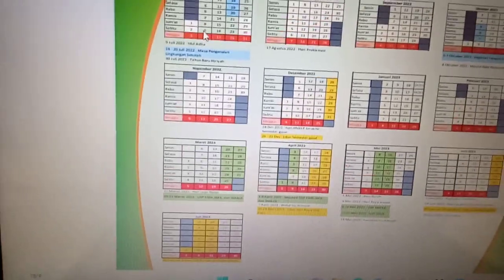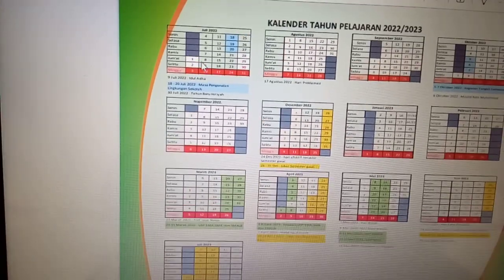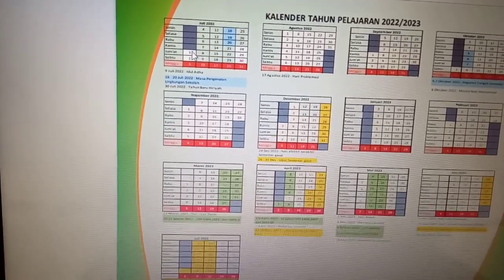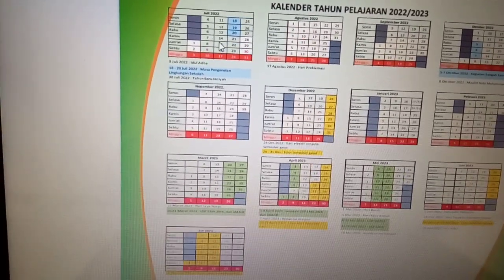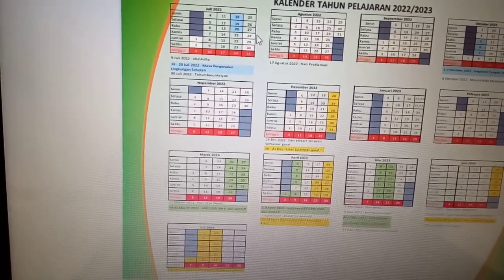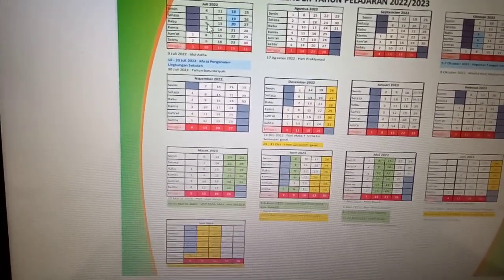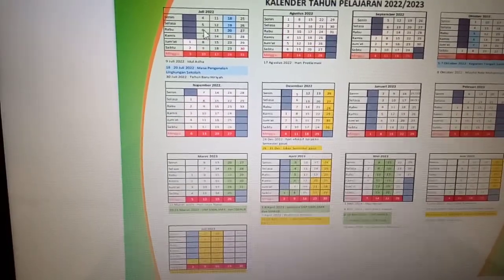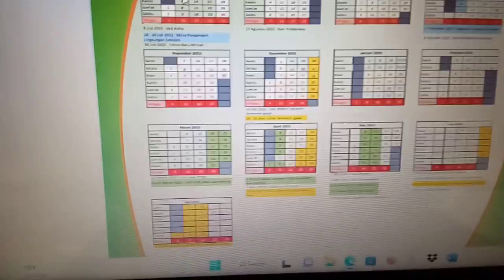And then how many effective weeks are there? 1, 2, 3, 4. These 4 weeks are all effective weeks.